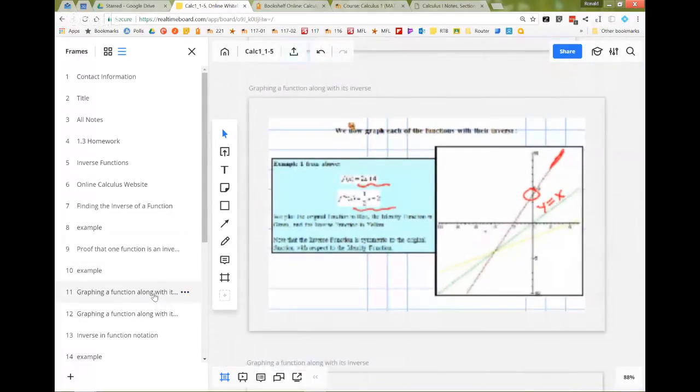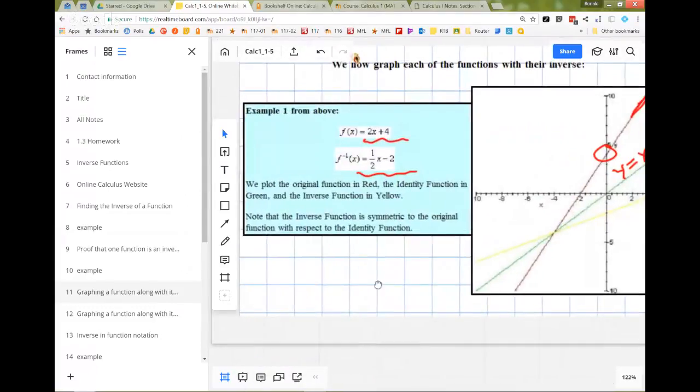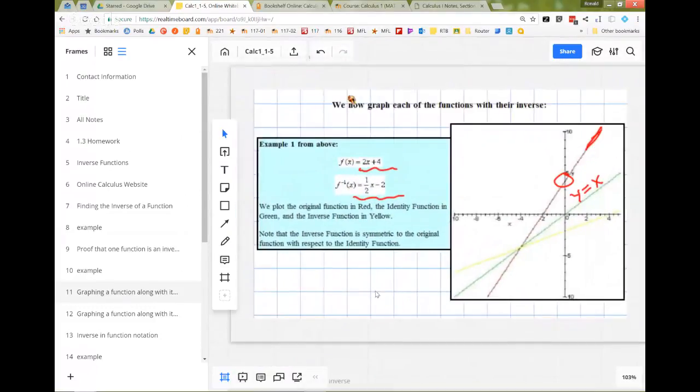Now an interesting thing happens. We take the one we just did, and if you take the original function, that's plotted in, you can't see it, but it's a weak red. That's this line right here, this one on the outside.